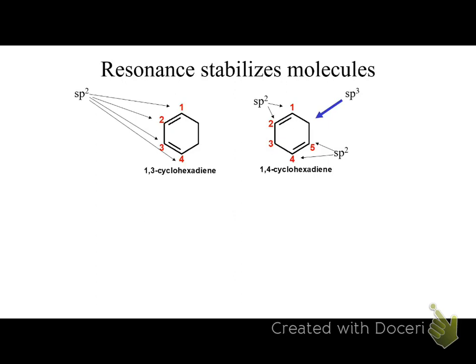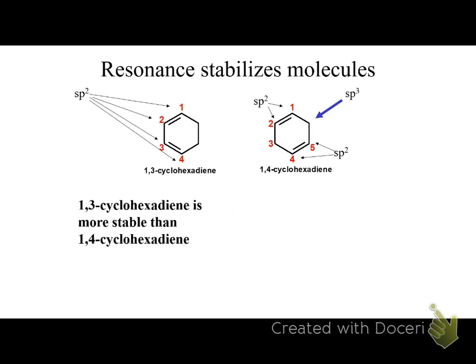Okay. I'm going to skip some of this because we've talked about a lot of it. Actually, just real quickly. Even molecules like this, where you have a 1,3 cyclohexadiene, you notice how 1, 2, 3, and 4 are conjugated. That's the term. They have resonance with each other. And then in 1,4 cyclohexadiene, they're isolated. Isolation means they have an sp3 carbon in between them.